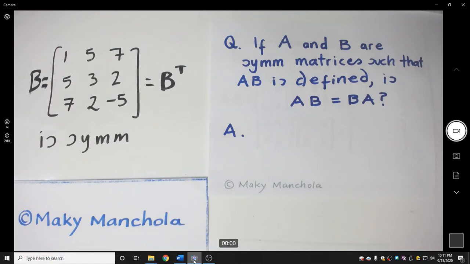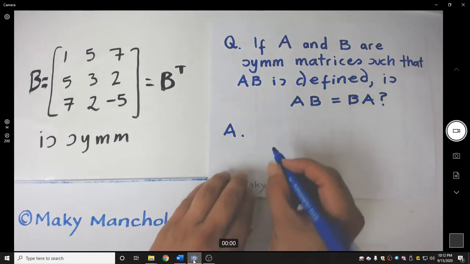Here is a question. If A and B are symmetric matrices, such that their product AB is defined, is it the case that AB equals BA? The answer is negative. It is not true that if you have two symmetric matrices, A and B, that they commute.